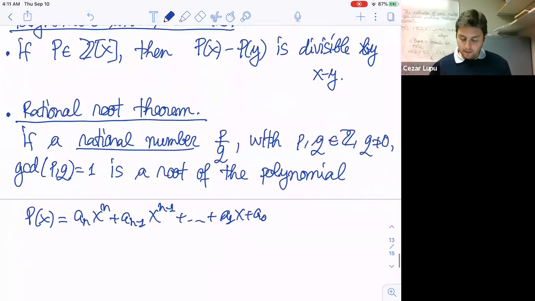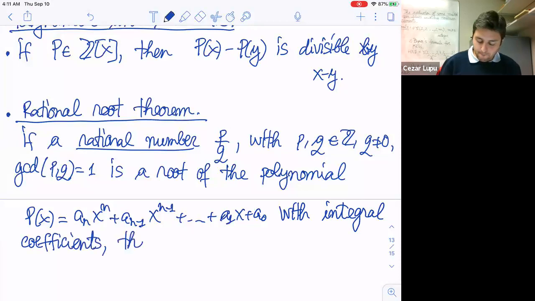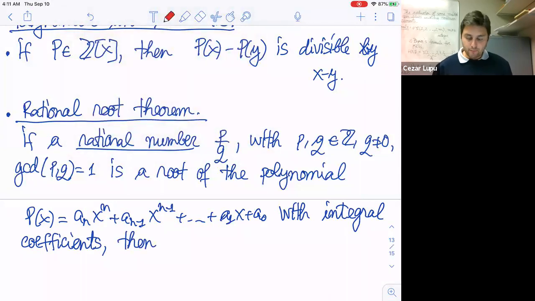and this polynomial has integral coefficients, then this happens: p divides the free coefficient a_0 and q divides a_n.